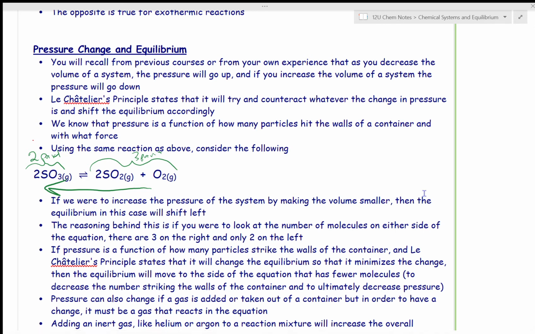But have a read through it, and when you look at the equation itself, you'll see why there is a change in pressure or change in number of particles as we change pressure, and what would happen if you had the same number of particles on either side. So let's add two particles and two particles. Changing the pressure would have no effect then on the equilibrium there.